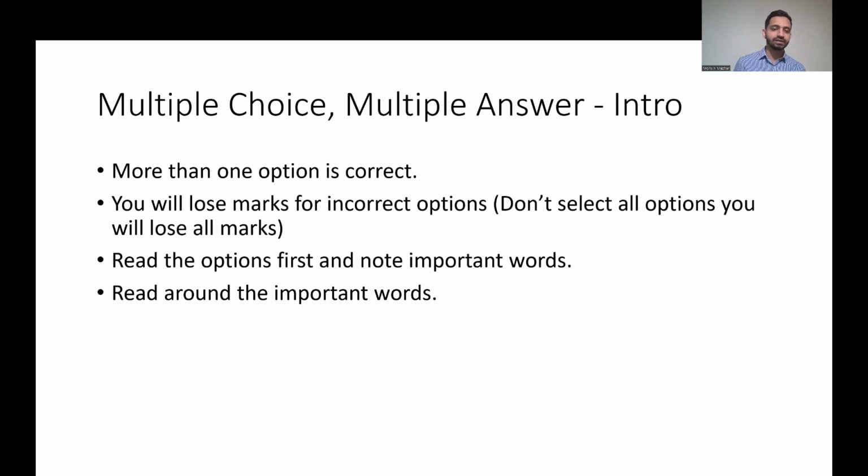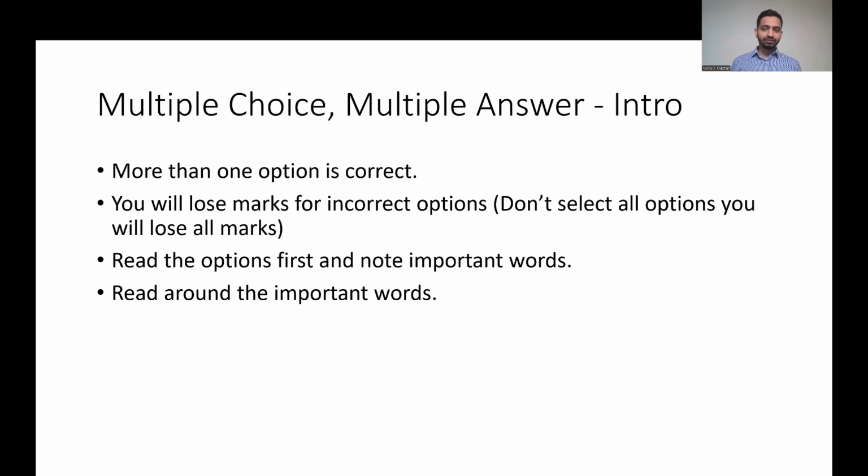You can lose marks. First, always read the options. Read the prompt and then read the options and note down any important words. The options are going to be long, and you can note down some of the vocabulary or the words that you think are the keywords, and then you look for those words in the paragraph, and you can read around the important words.